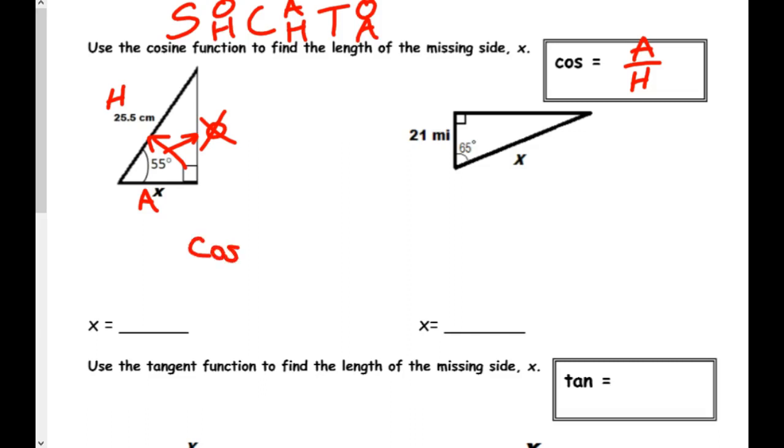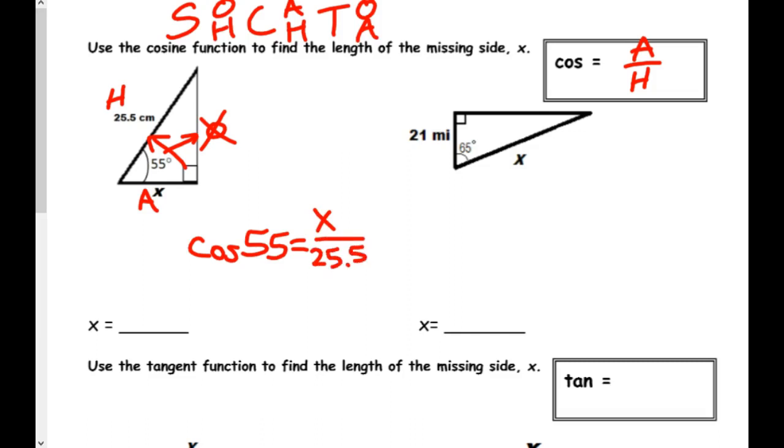Cosine. What's my angle? 55. Okay. So cosine 55, and that's going to equal what over what? So my adjacent, my A is what? So what's my A? What's my H? Stay with me. X over 25.5.